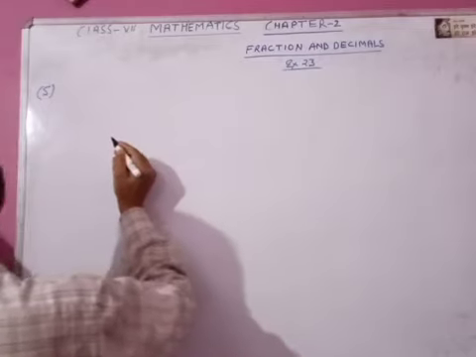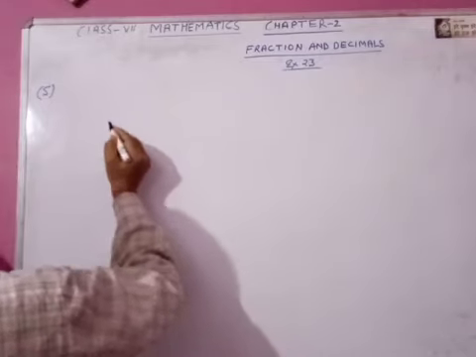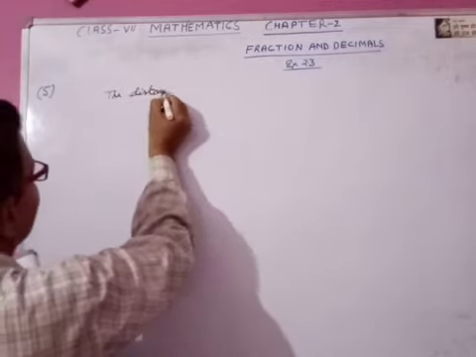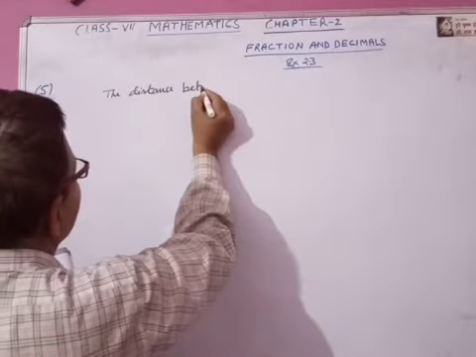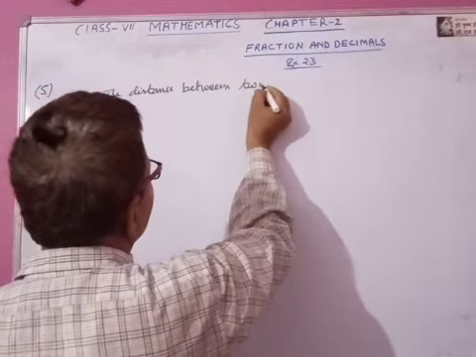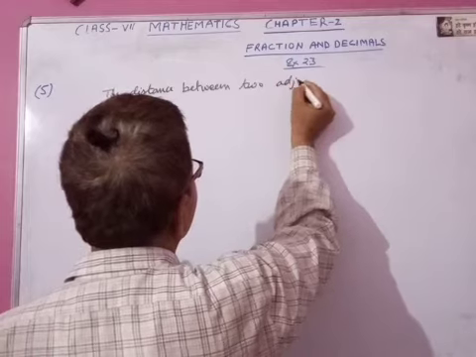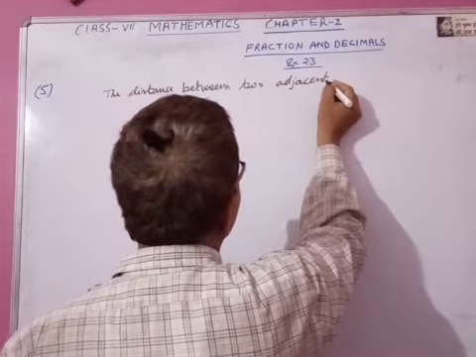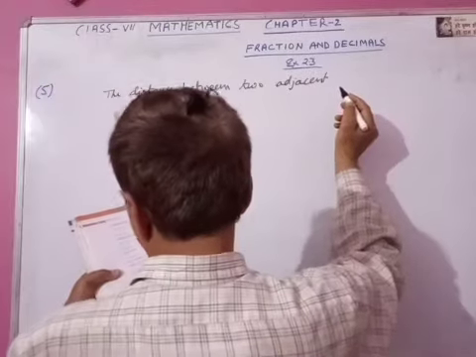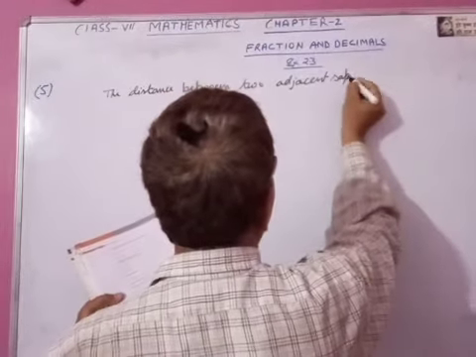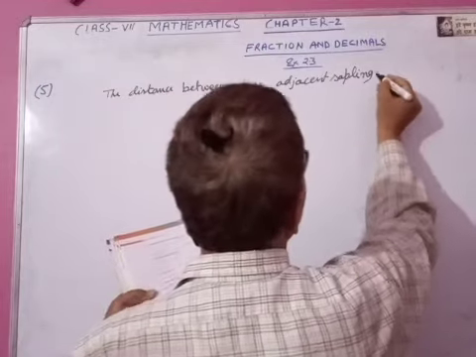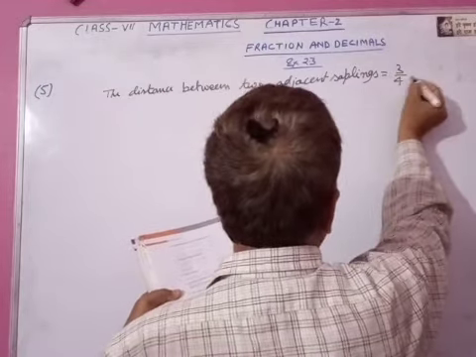The distance between 2 adjacent saplings is 3 upon 4 meter.